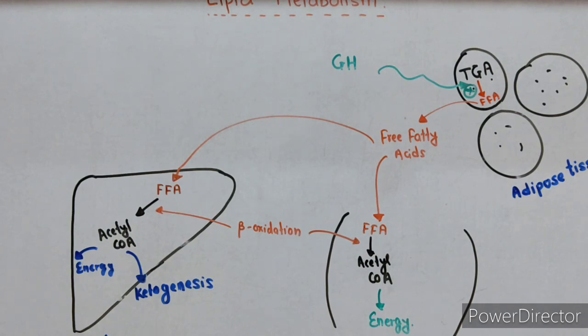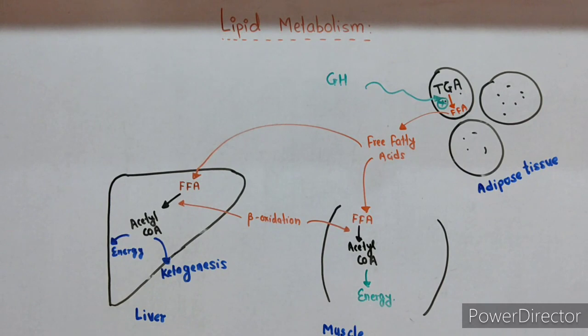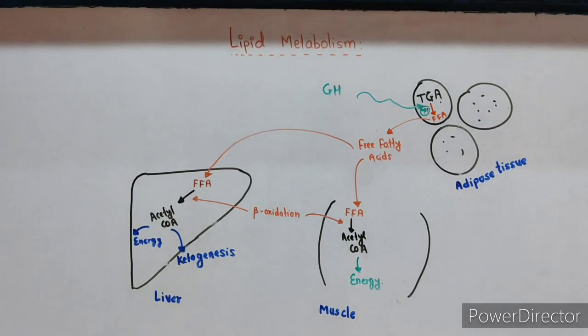These free fatty acids are then released into the blood from the adipose tissue. These free fatty acids are taken up into the liver and muscles. In the muscles, free fatty acids undergo beta oxidation to produce acetyl coenzyme A, and this acetyl coenzyme A goes into the Krebs cycle to produce ATP, that is, it gives energy to the cells.